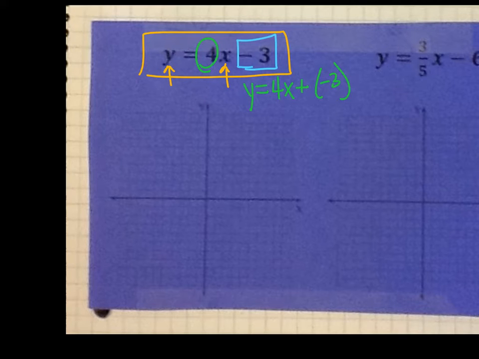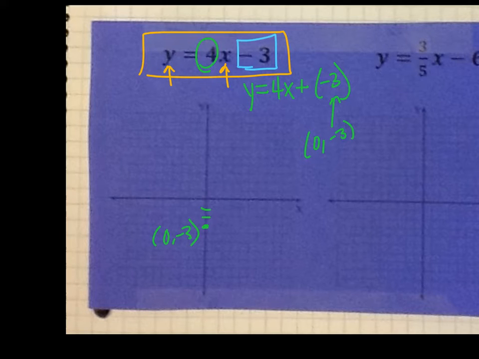We can always write a subtraction as a plus a negative. So my y-intercept is at 0, negative 3. It's at that one point. So 1, 2, 3, I'm going to mark 0, negative 3 on my graph.